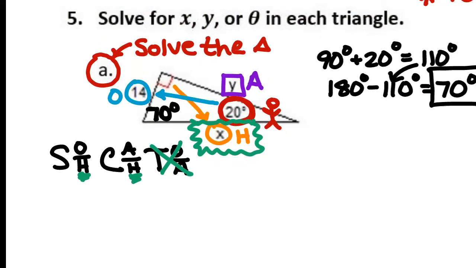I can only find one thing at a time, so it's important that I only have one variable. I already have my variable picked out, X. If we go with cosine, will I have only numbers except for X? No, because the adjacent side is Y. That would be two variables. We have the opposite side here. So we're going to go with sine.